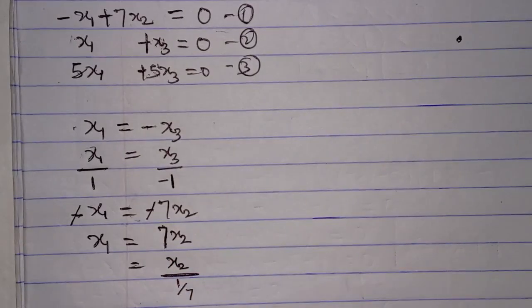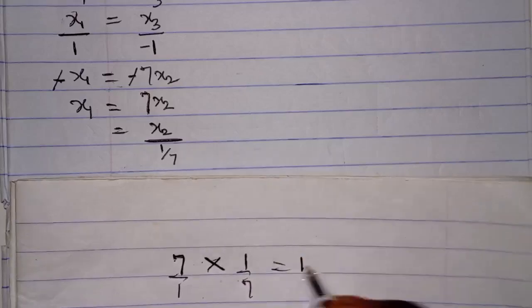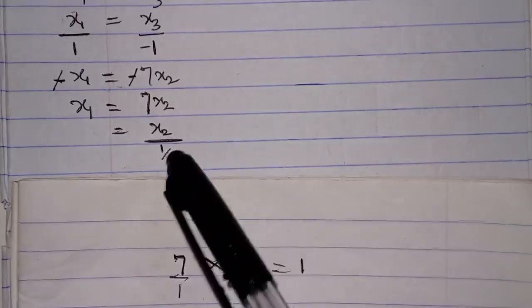Yes, I think in the previous video I did something like this. See what I'm saying? I have 7 there. To change 7 to 1 is just to multiply it by the reciprocal. 7 is 7 over 1. So if I times it by 1 over 7, I will get 1. That's how I got this.